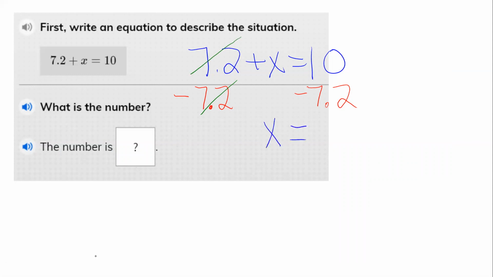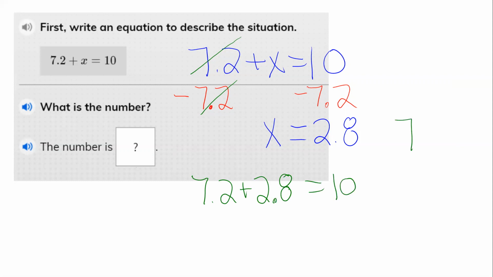That's our goal. Get X all by itself. X is a diva. So 10 minus 7.2 is 2 8/10. Let me just use substitution to check my work, right? Because 7.2 plus 2.8 should be equal to 10, right?